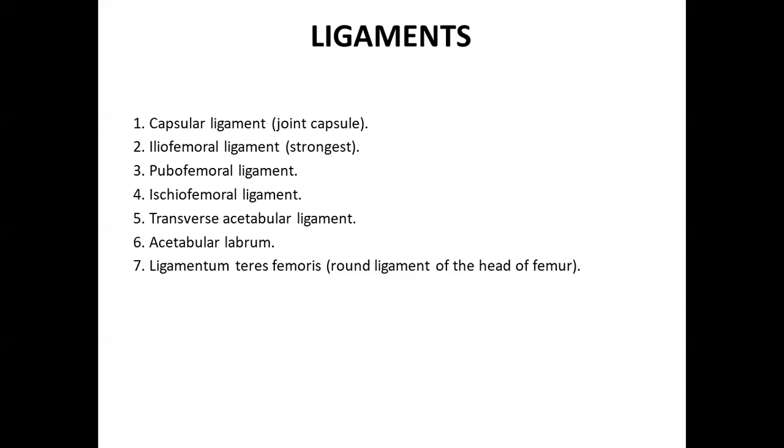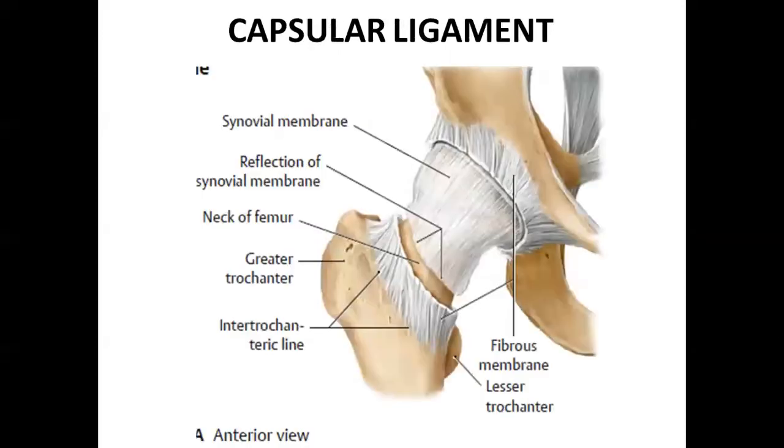Then we have a transverse acetabular ligament. We have the acetabular labrum, and we have the round ligament of the head of femur. Okay. So 7 ligaments you have to remember: capsular ligament, iliofemoral, ischiofemoral, pubofemoral ligament, transverse acetabular ligament, acetabular labrum, and round ligament of head of femur.